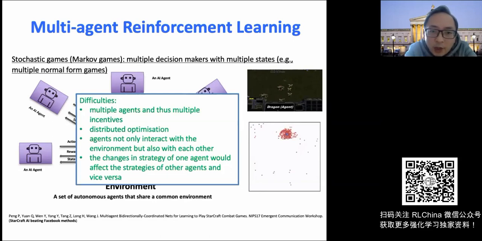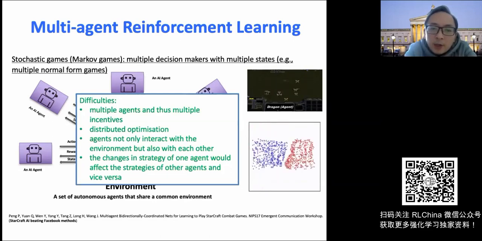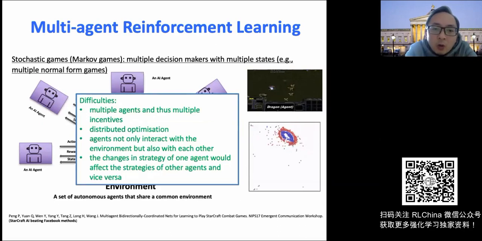Then how can you make an optimal, informed decision? Also the agent not only needs to interact with the environment, but also with each other. And the important bit is that a change in the strategy of one agent would have an impact on the strategy of the other agent. In other words, when you learn, the other agent also learns.